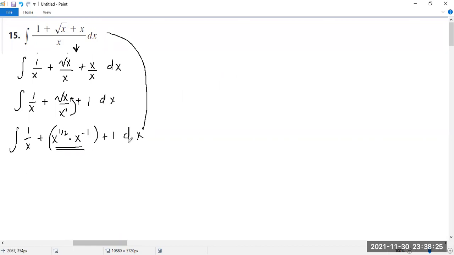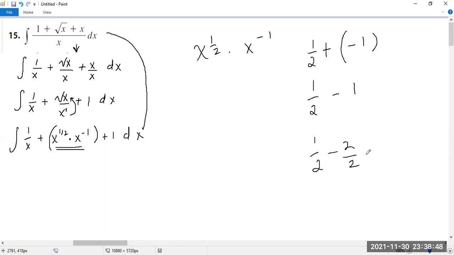And if I want to combine this, x to the 1/2 times x to the -1, the rule is that you add the exponents. So you would be doing 1 over 2 plus -1, which is 1 over 2 minus 2 over 2, which is -1 over 2.